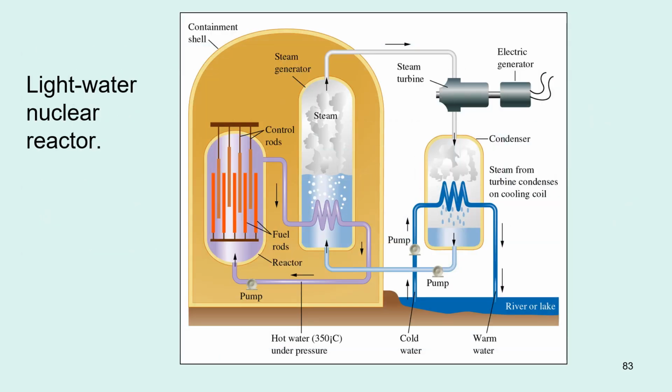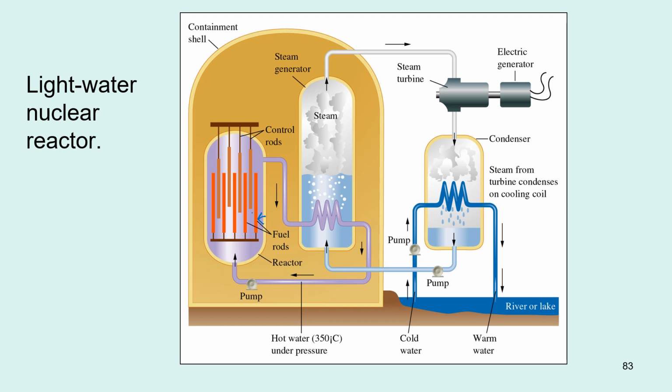So here's a picture of a light water reactor. Over here are the fuel rods that contain the nuclear material, and then we have our control rods. They allow the chain reaction to continue if they're pulled up, but to stop the reaction, the control rods get pushed down, and so they can control the reaction that way.